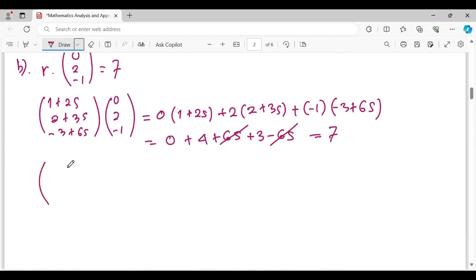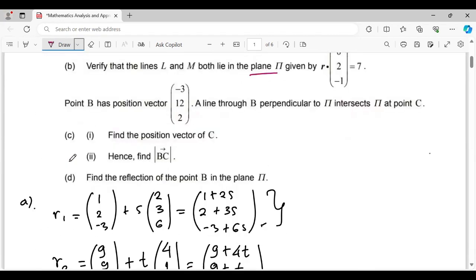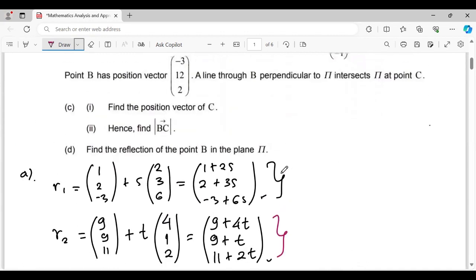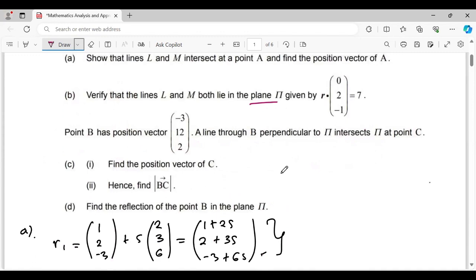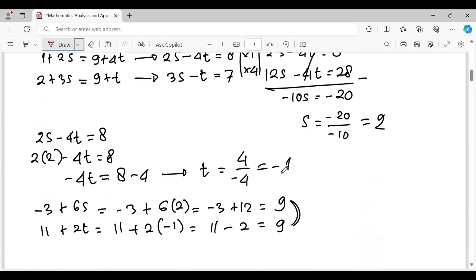And then the next is this one, line M. We're going to prove that line L and M are in the plane pi.